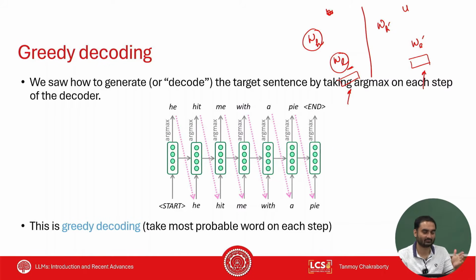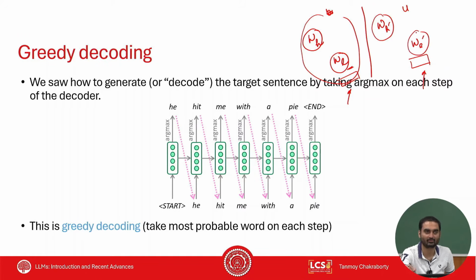Okay, so now during the inference time, what will we do? We are given the French sentence, we pass it to the encoder, and using these matrices we get the final hidden state of the encoder. That hidden state is given to the decoder, where I already know WH dash and WE dash, so I generate the first hidden state of the decoder.